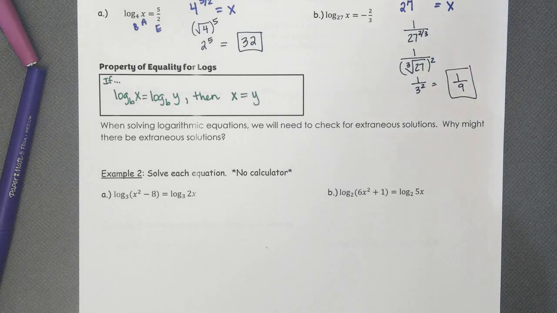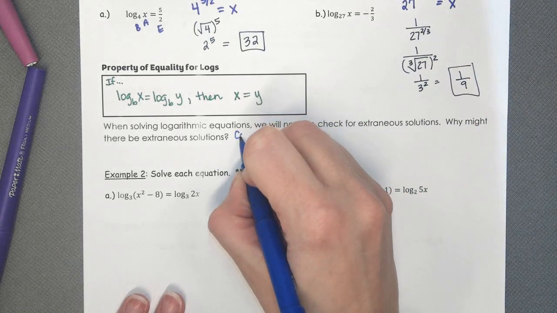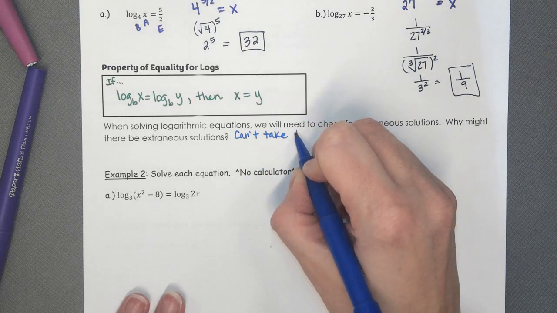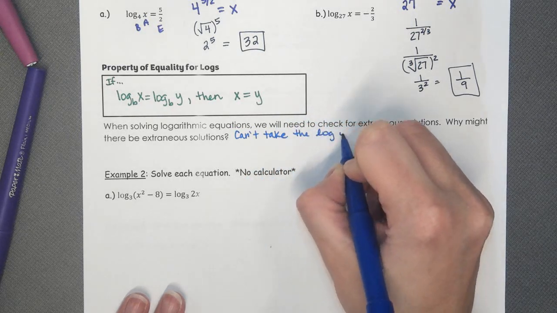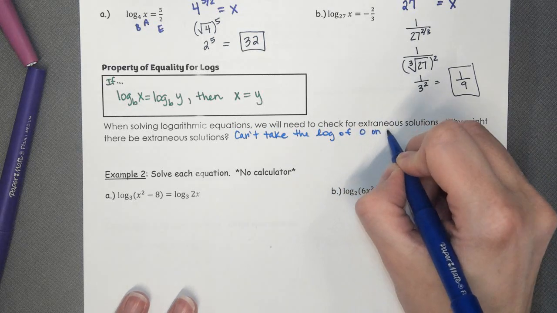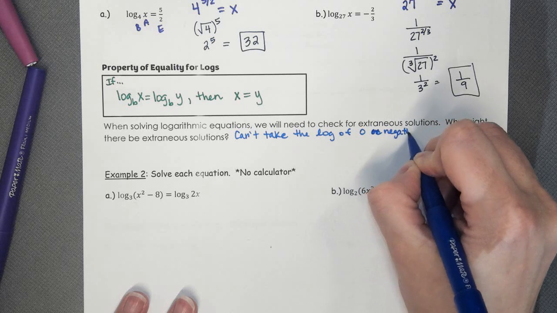If it's all real numbers, you don't have to check. That's why we never had to check with exponential equations, because you didn't have to worry about that. What can't you take the log of? You can't take the log of 0 or negatives.